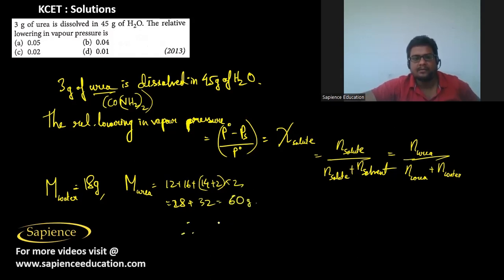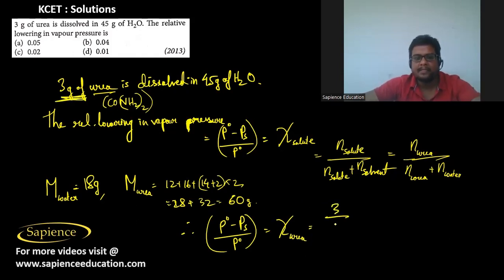So therefore, the relative lowering in the vapor pressure, (P naught minus PS) by P naught, will be equal to the mole fraction of the urea. 3 gram of urea is used, so 3 by 60 is the number of moles of urea, since the number of moles is the given mass divided by the molar mass.